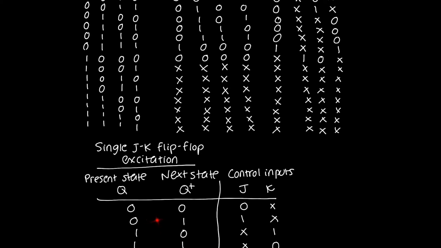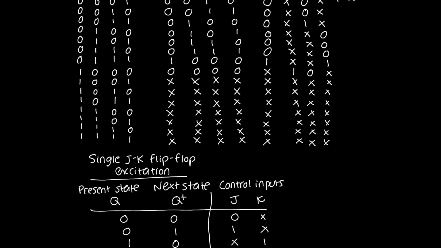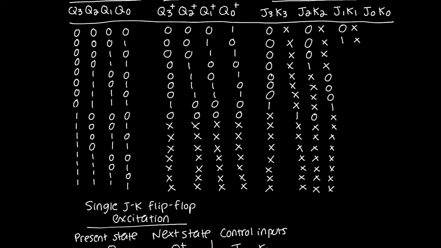So for 0, 1, that's 1X. How about next row? Next row I have 1, 1. Well, 1, 1, according to this, is X0. And I'm going to just fill it all in, but it's a good exercise for you at home to try to do it yourselves and see if you come up with the same answer that I do.